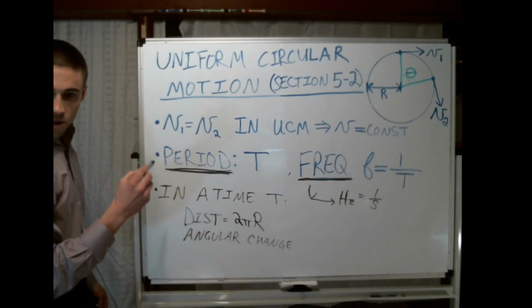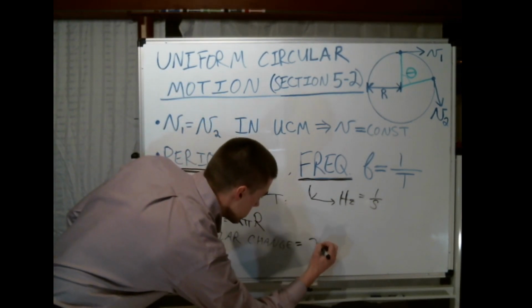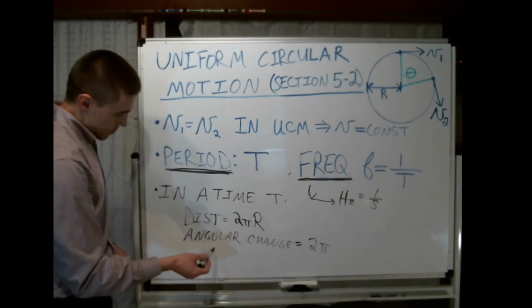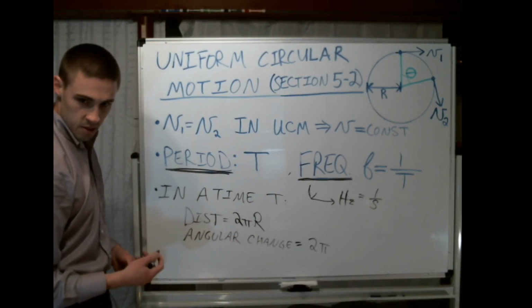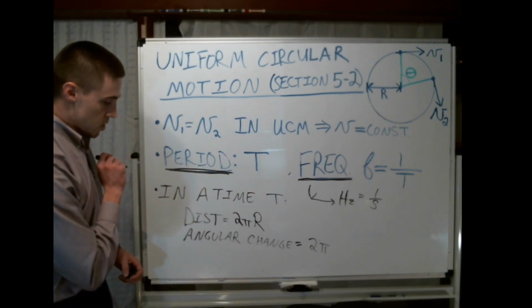In 1 full period T, the angle changes by 2 pi radians. And we're going to mainly use radians. That'll be the most helpful quantity for you to use in talking about circular motion.